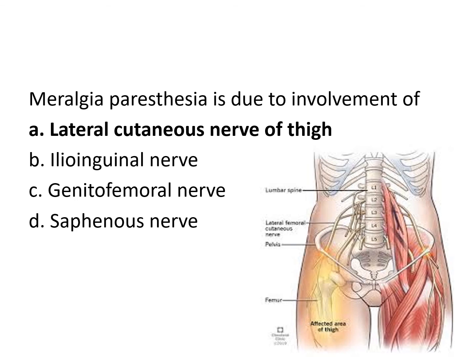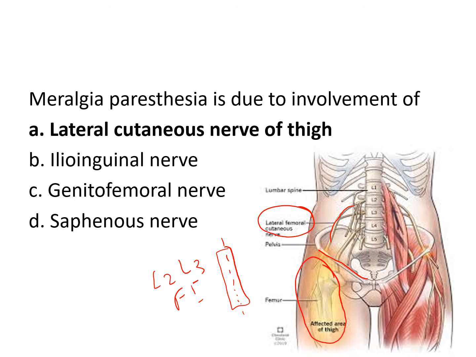Instead of traveling beneath the fascia iliaca and inguinal ligament, if it travels within them, there is irritation to this nerve, and in the area of its supply, the upper lateral aspect of the thigh, there is burning sensation and pain. That condition is known as meralgia paresthetica, caused by the lateral femoral cutaneous nerve.